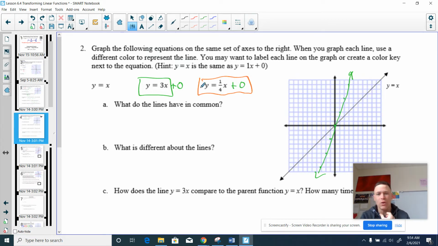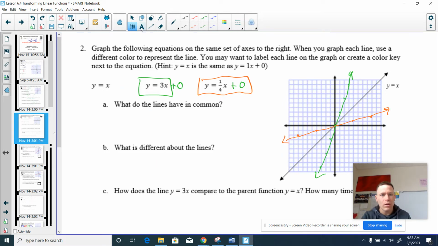All right. So this one here, I have 1/4 x. That means I go up 1 and then right 1, 2, 3, 4. Up 1, right 4. And then exactly backwards, down 1, left 4. Down 1, left 4. All right. So there's that line drawn.